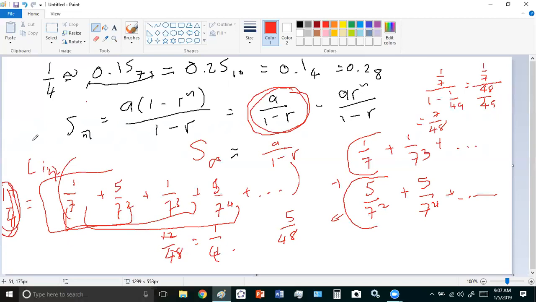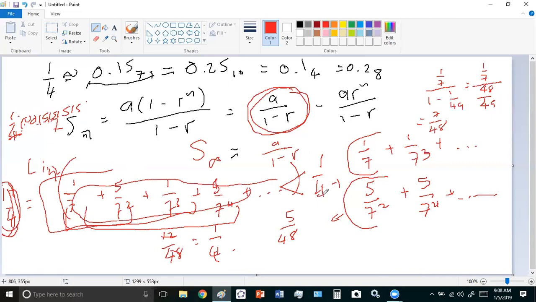But you cannot measure 1/4 in base 7, okay? 1/4 in base 7 is indeterminate. It's approximately 0.15, and as you add more of these on, it gets closer and closer to 1/4, but never reaches 1/4, okay? So the partial sum of this series here will always be less than 1/4. And since there is no such thing as infinity, the bullshit of infinity, you cannot sum that series up to say that it's equal to 1/4.